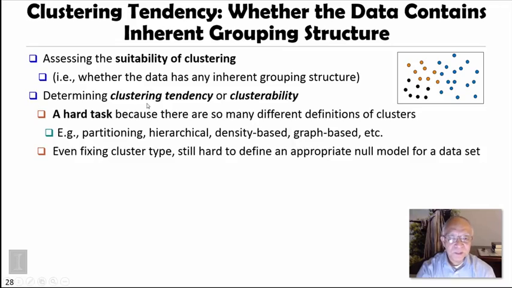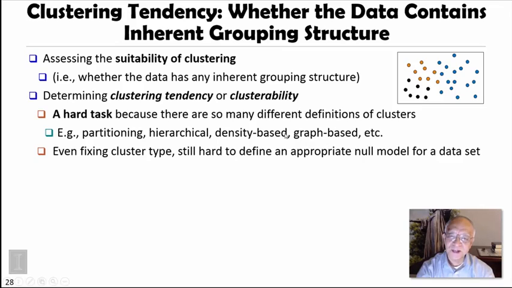However, determining the clustering tendency, or clusterability, is a hard task, just because there are so many definitions of clusters. For example, we studied partitioning methods, hierarchical methods, density-based methods, graph-based methods. All these different methods may have different definitions of clusters.